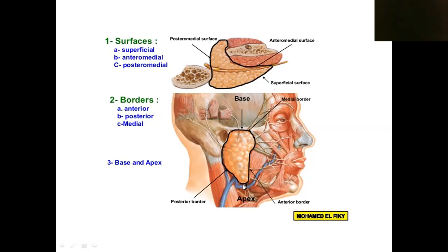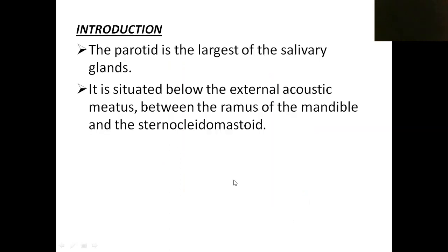So this apex crosses the posterior belly of the digastric and reaches this triangular shaped area, which is the carotid triangle. That means it crosses the digastric triangle, then the posterior belly of the digastric, then reaches the carotid triangle. That's all.